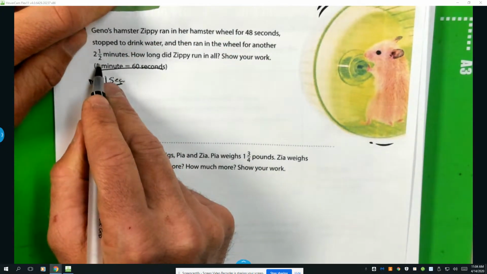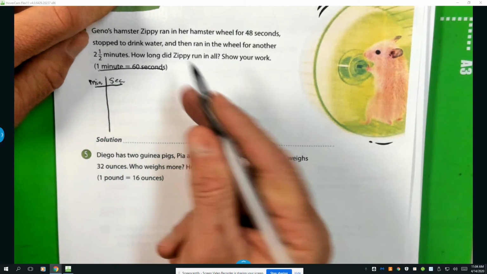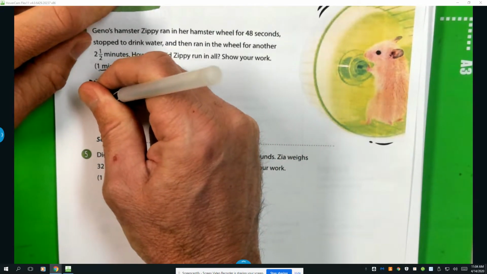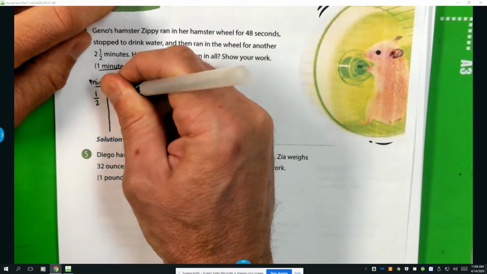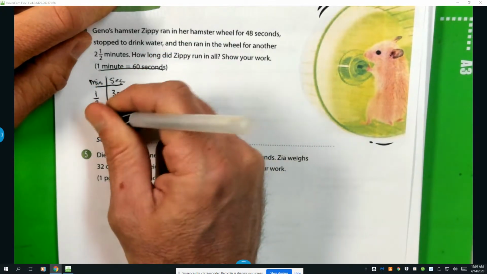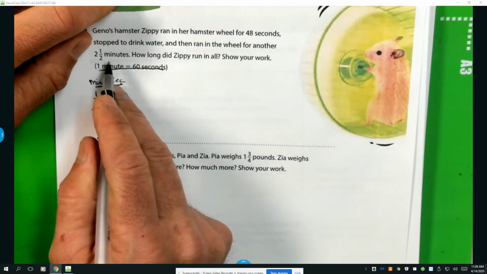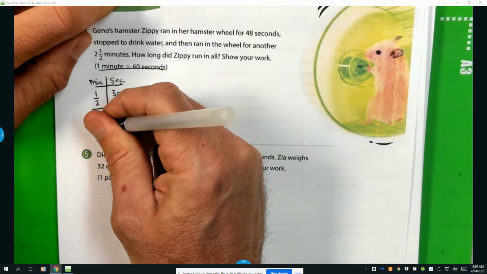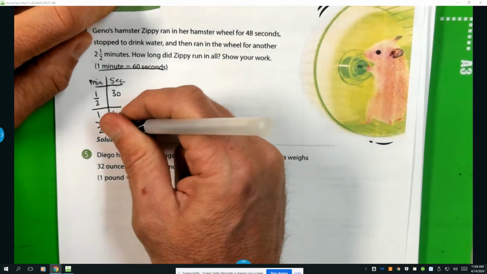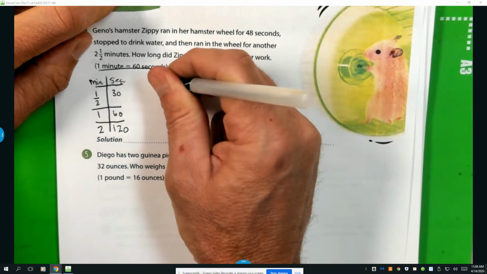Because I have halves, I might go by half minutes. So 1/2 minute is 30 seconds. 1 minute, 60. I'm going to jump to 2 minutes, and 2 minutes is 120.